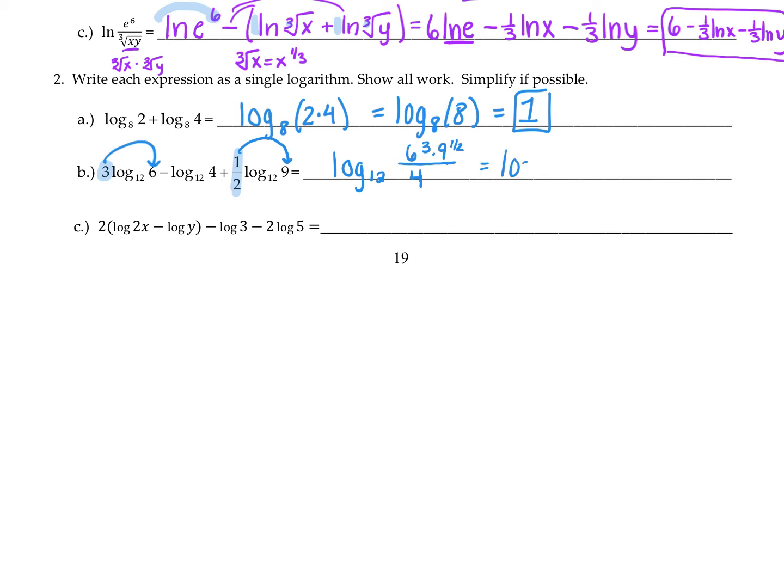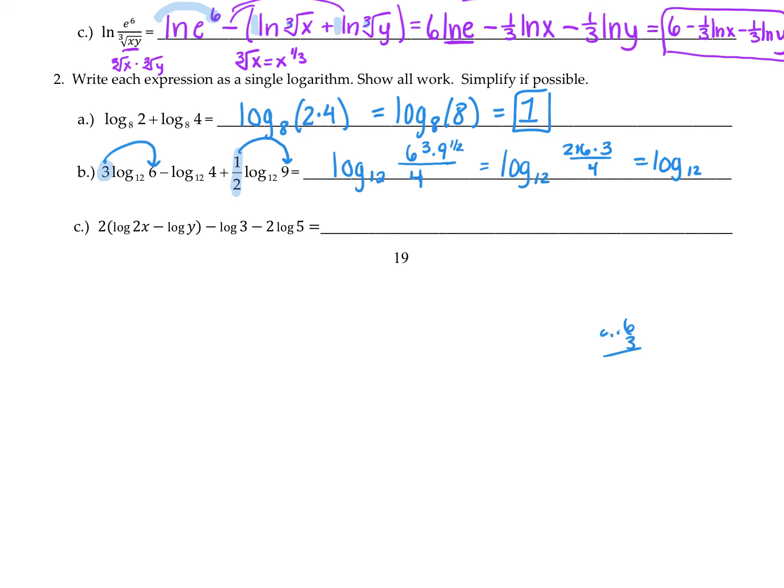So that means I have log base 12 of, well, 6 to the 3rd power would be 36 times 6. So that's 216. So 216 times, well, 9 to the 1/2 power is the same as the square root of 9, so 3 all over 4. So log base 12 of, well, 216 times 3.